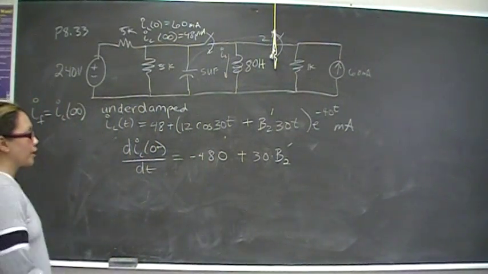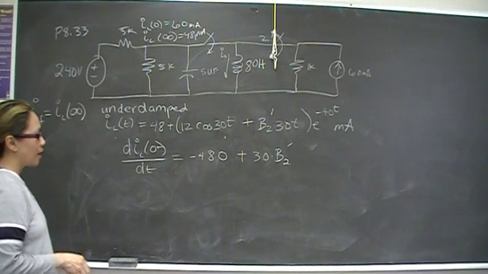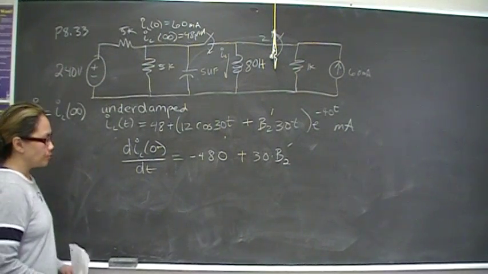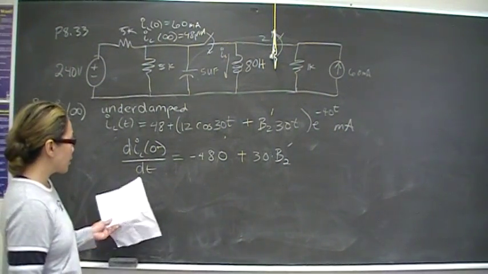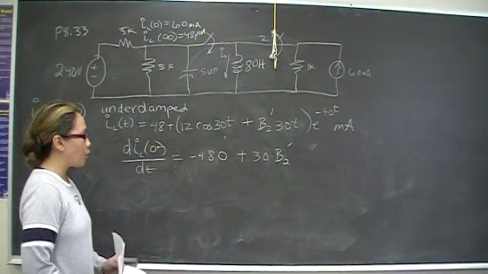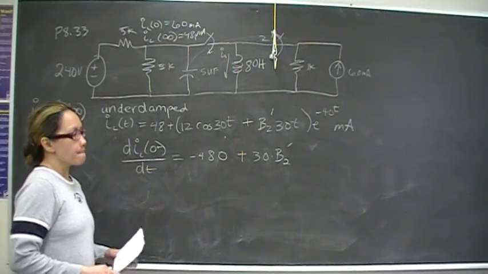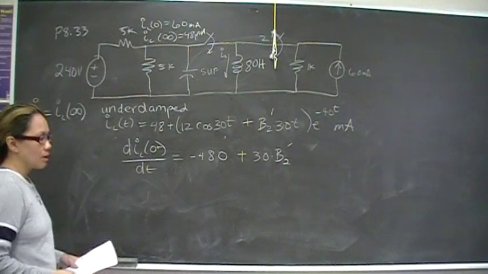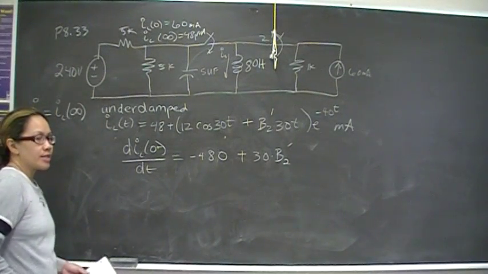And the trick now is dIL/dt at time 0. Well, what is that? That is current through the inductor right after the switching happens. Be very careful when you see dIL/dt or dV/dt.